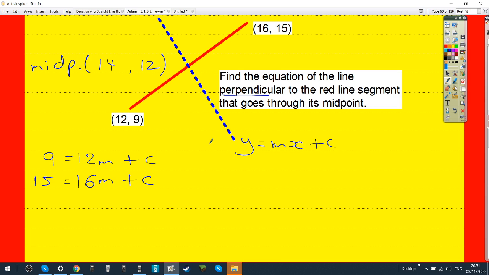Oh yeah, simultaneous equations. So right now 12m plus c equals 9, and then 16m plus c equals 15. So m is 3 over 2 and c equals minus 9. Minus 9. Yeah. Okay.